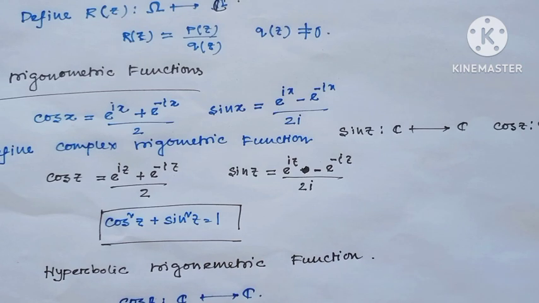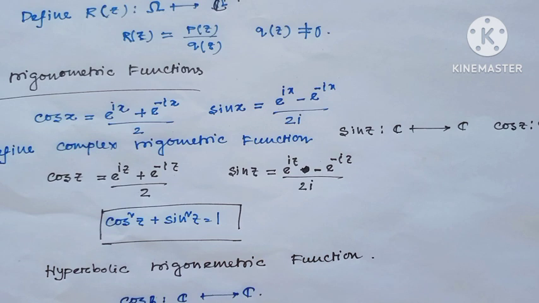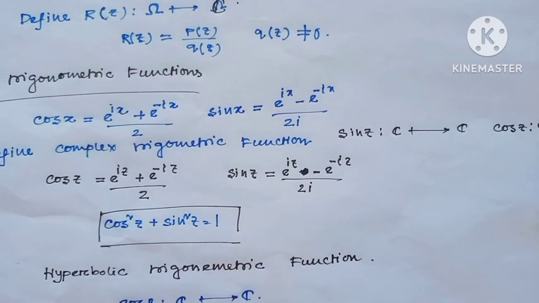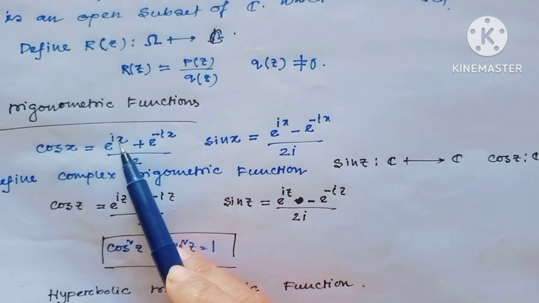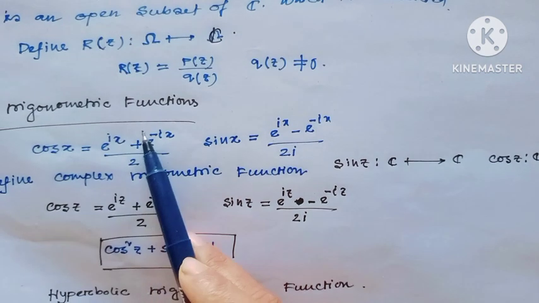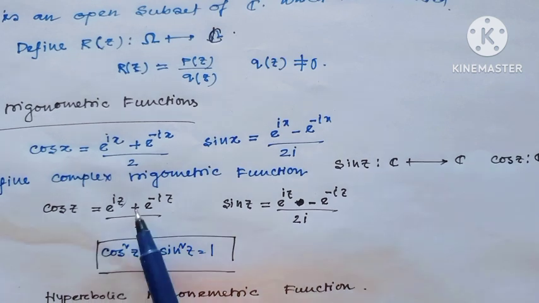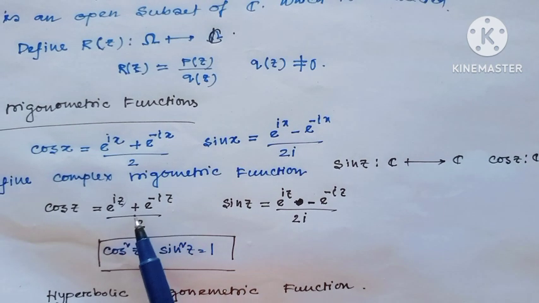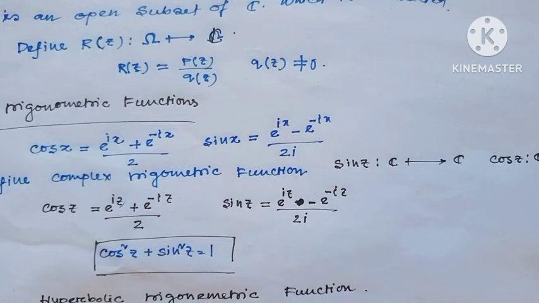Similar to before, since cos x equal to e to the power ix plus e to the power minus ix over 2, for complex this would be cos z equal to e to the power iz plus e to the power minus iz over 2.